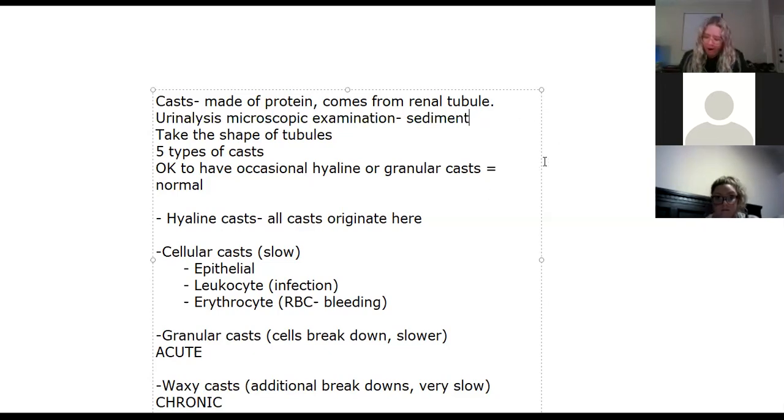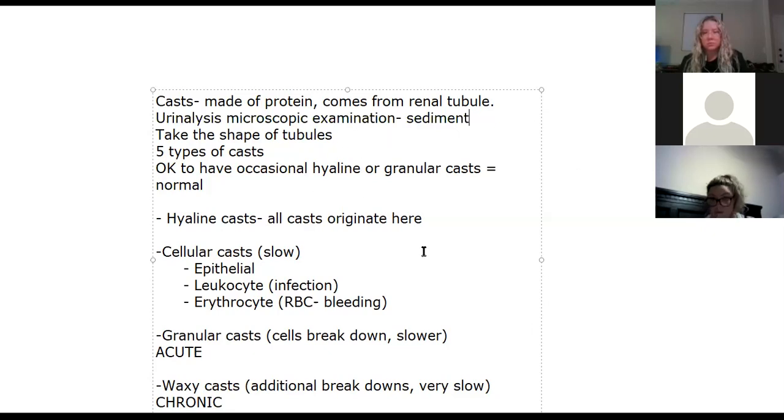And we need to be able to look at stained versus unstained. And each one will have different characteristics for how we want the light brightness. We're going to change how bright it is as we look at it under the microscope. But when we find those casts, having some is okay, having lots is not good.